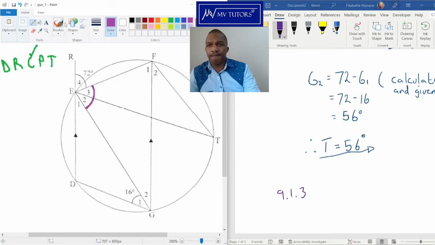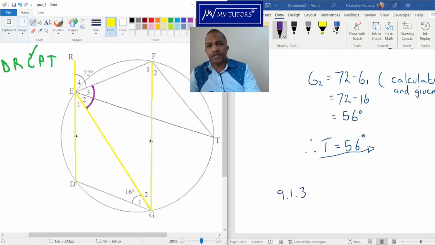I'm gonna draw those parallel lines. There they are. Let's change the color. Let's go yellow. There's a parallel line there, and it's parallel to that one. Right? And let's do alternating angles right there.